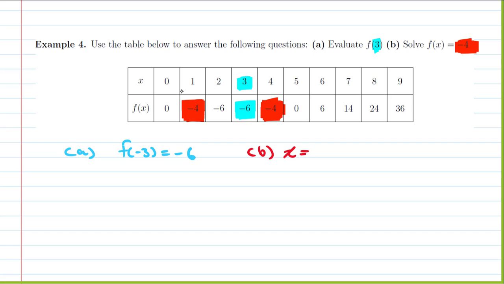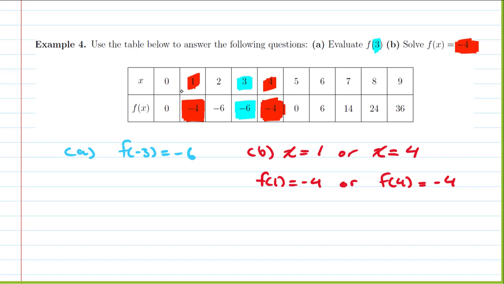So we're going to have x equals the corresponding input of 1 and 4. So x is equal to 1 or x is equal to 4. And both of those have the corresponding output that we wanted. That is f of 1 equals -4 or f of 4 is also equal to -4.